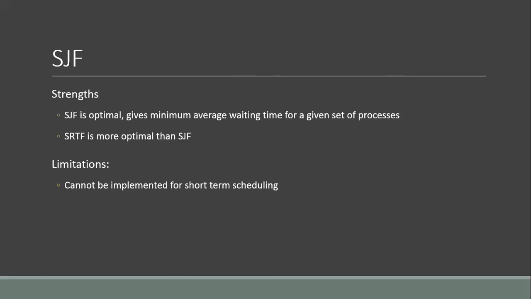Because there is no way to know the length of the next CPU burst. So this is the real challenge in this algorithm, that is, how we can determine the length of the next CPU burst. Because in advance, without executing the process, how can we say what would be the length of the next CPU burst cycle? So this is the real difficulty in this algorithm.